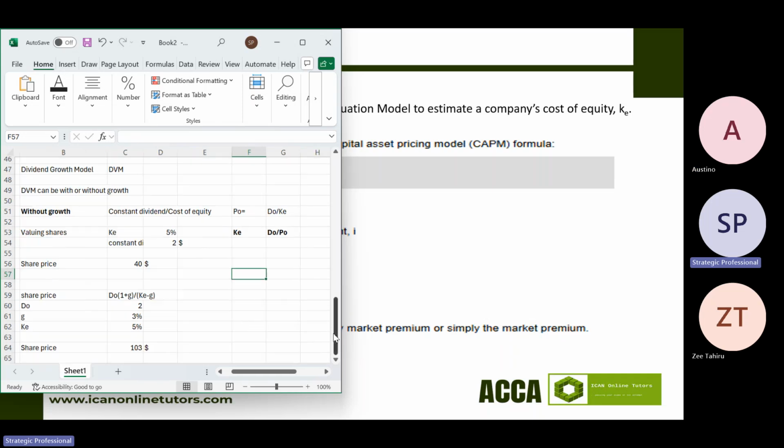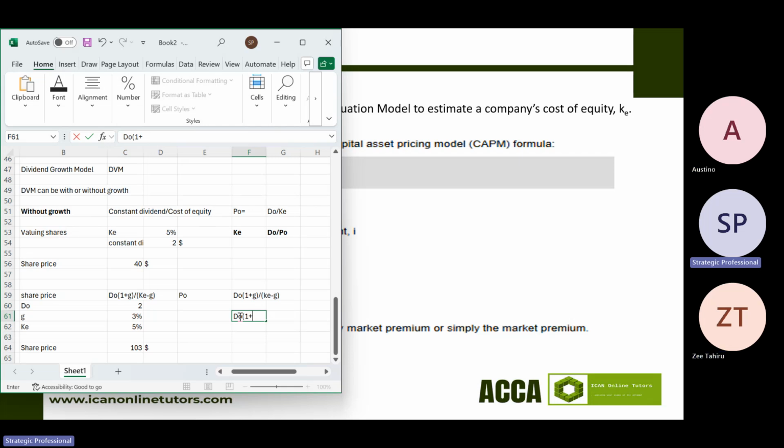Now with growth, PO is DO, 1 plus G, divided by KE minus G. If we are making KE the subject of the formula, it will be DO in bracket 1 plus G, divided by PO.